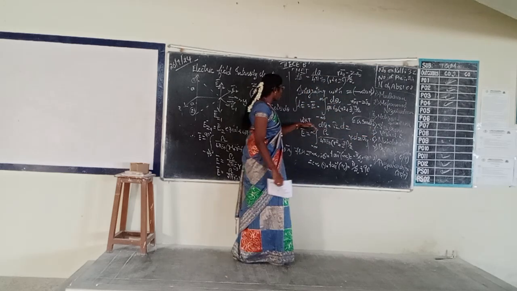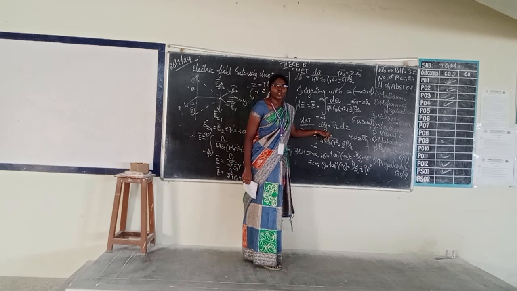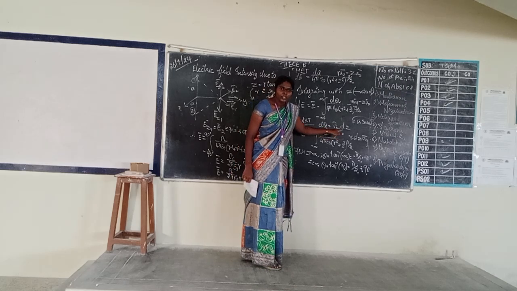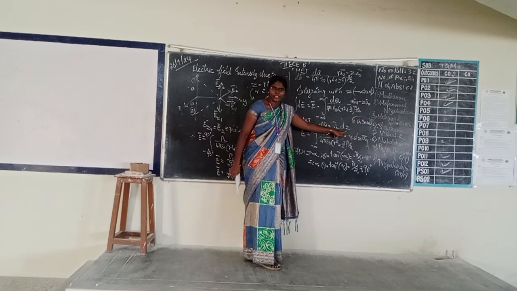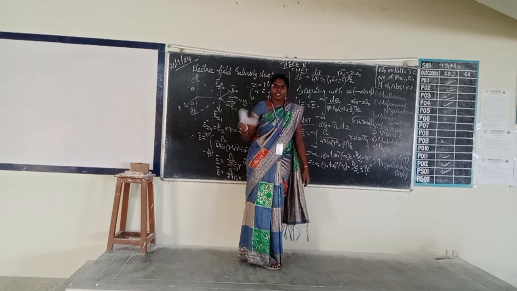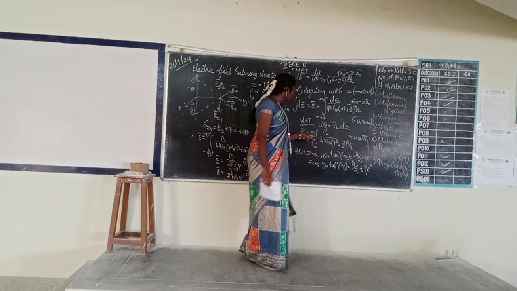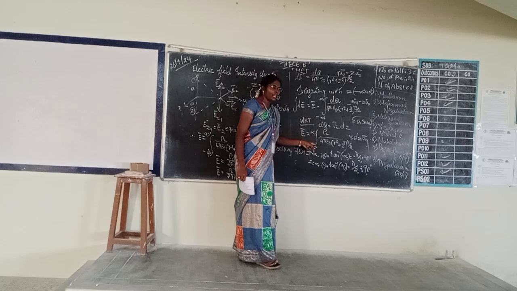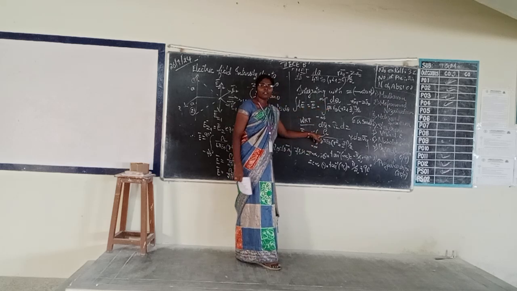Okay. Next, we know the line charge density. To find dq, what do we know? Basics: dq is rho L into dz. Here, rho L into dl, actually in the first step itself we have taken that dl as dz. Clear? So now E vector is the integral from minus infinite to plus infinite. Instead of dq, what can we write?